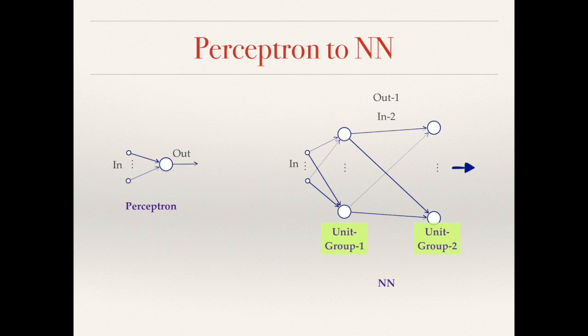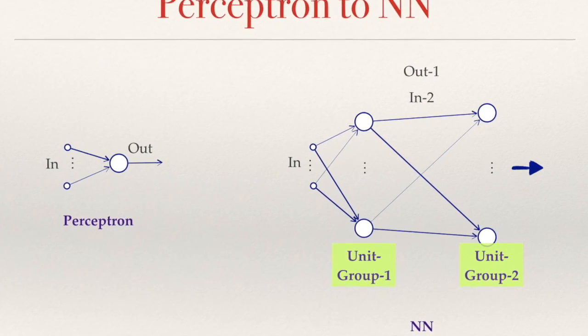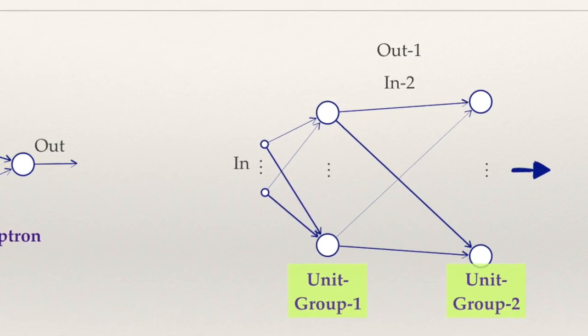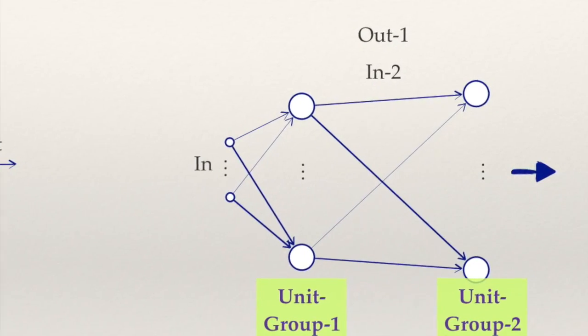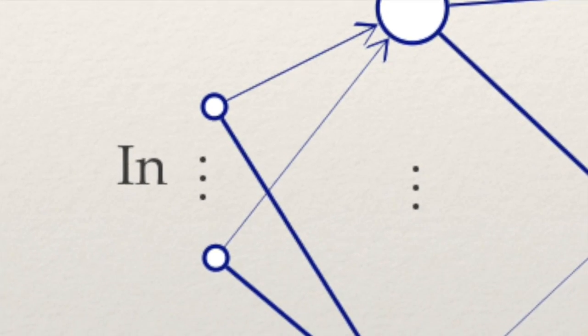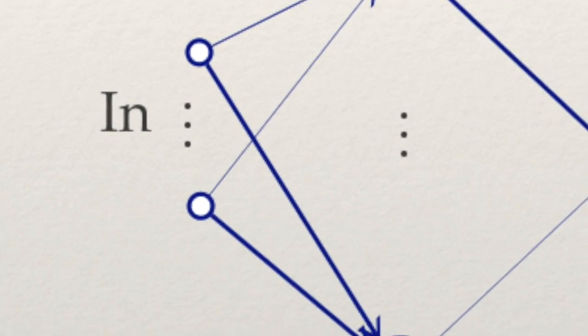we allocate multiple perceptrons. Each of those perceptrons shares the same set of attributes from the data, but each of those perceptrons has its own set of weights.